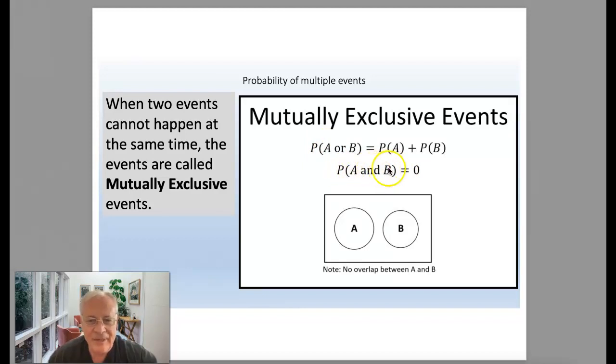I'm talking about the probability that either one happens, which is the probability of A happening plus the probability of B happening. You add them together. In other words, the probability that either one happens is greater than the probability that either one of them happens individually.